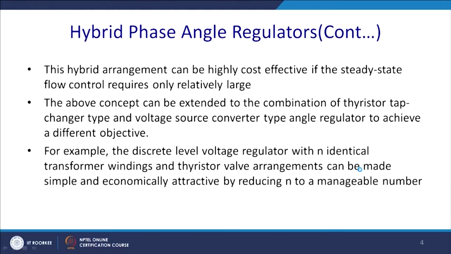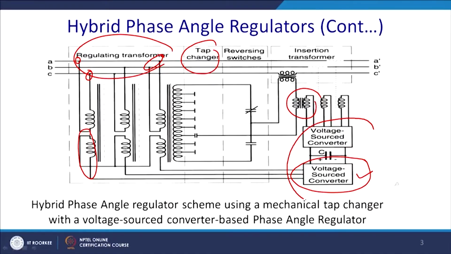So, what are the advantages of this hybrid phase angle regulator? This hybrid phase angle regulator can be highly cost effective, because one part is mechanical and thus you compensate the bulk power, and the power handling capability of this part of the converter, the voltage source inverter, can be of low power rating, and thus you can reduce the cost of the component.